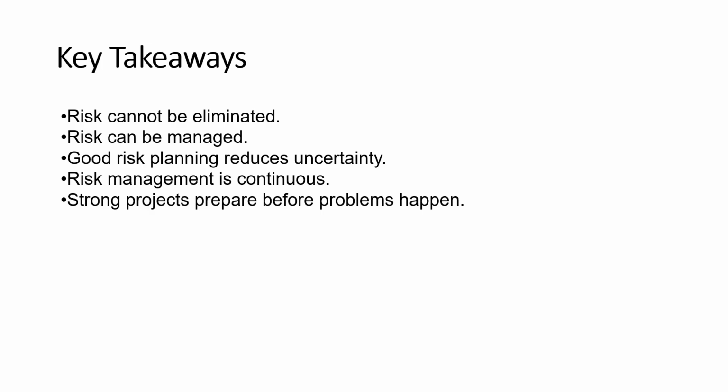They focus on preparation, anticipation, and proactive planning. So overall, the key message from this topic is that effective risk planning is not about avoiding uncertainty completely, but about managing uncertainty in a structured and proactive way to support project success.